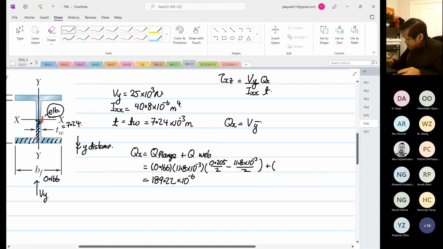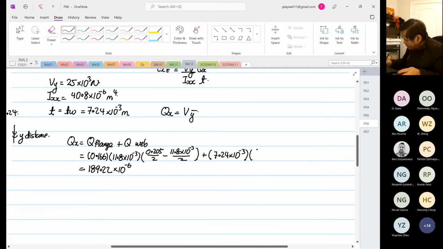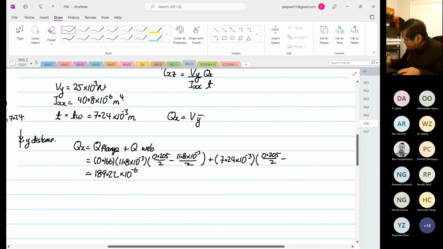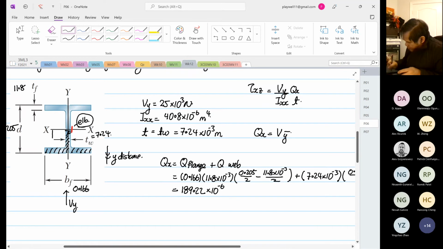So now I'm going to consider the web. The width is 7.24 times 10 to the power minus 3. Now the depth I have to be careful. It's 0.205 divided by 2 minus 11.8 times 10 to the power minus 3, because this is the distance I want now.